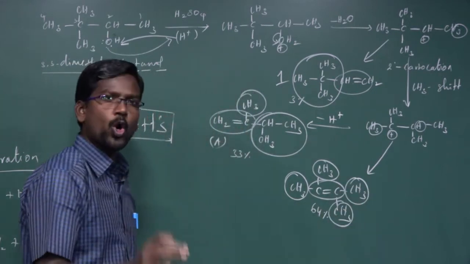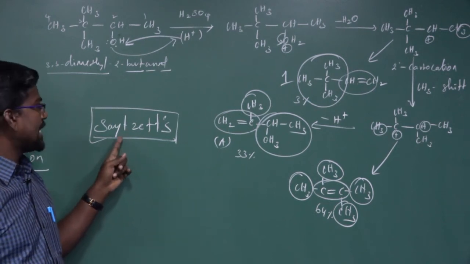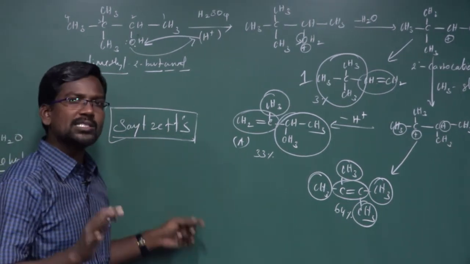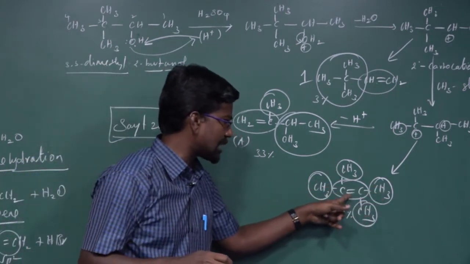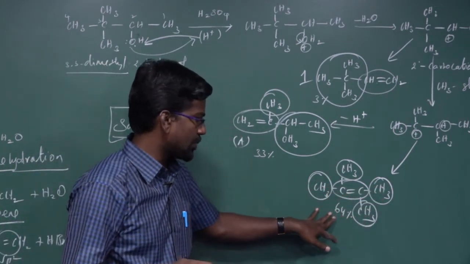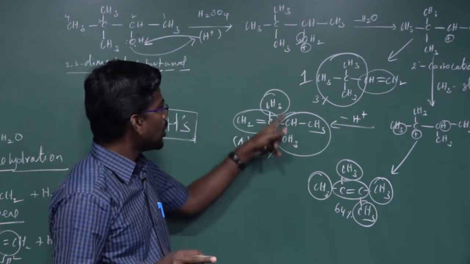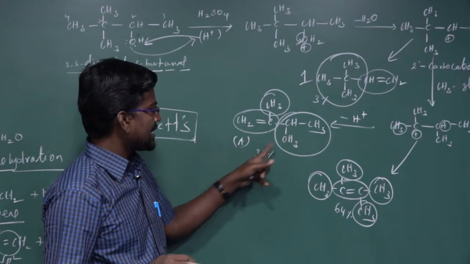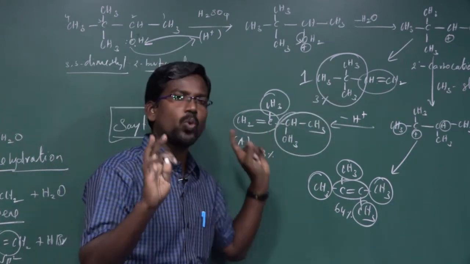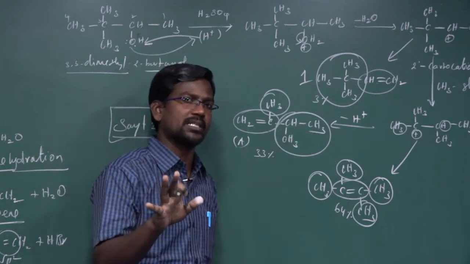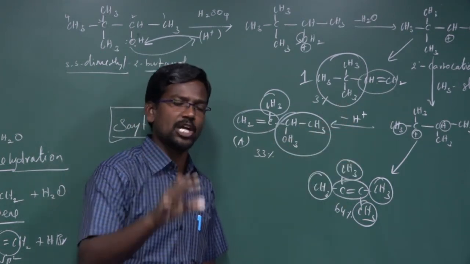The more substituted olefin is more stable according to Saytzeff. Here 4 substituent groups are bonded with the double bond, so it is more stable, and a maximum 64% yield is obtained. Here 2 substituent groups are there, that's why 33% yield is obtained. Here only one tertiary butyl substituent is there, that's why it exists as the least yield.